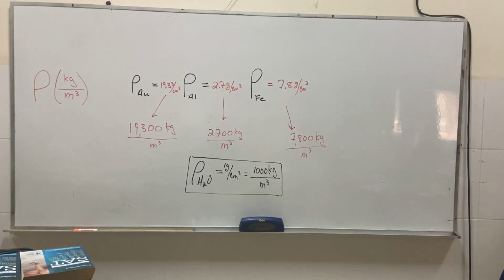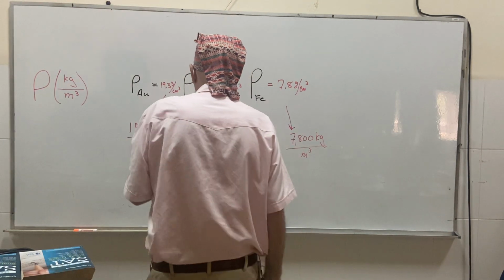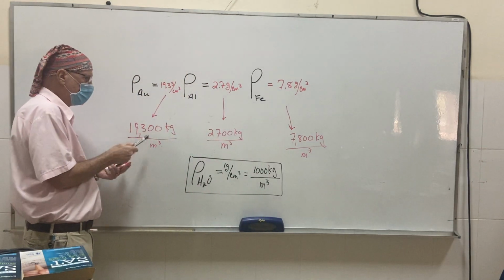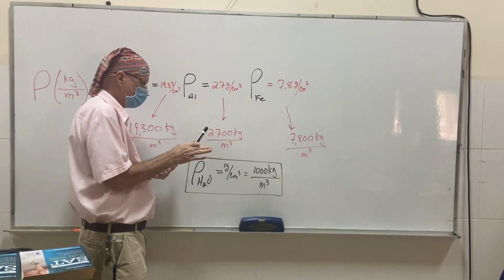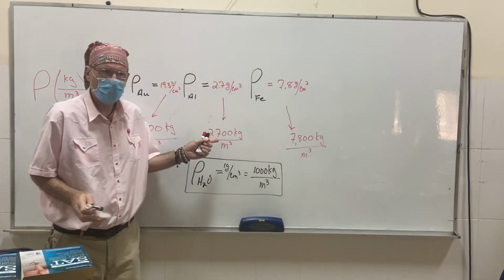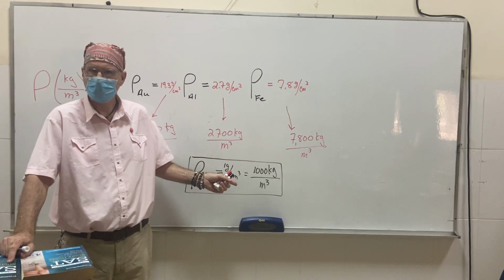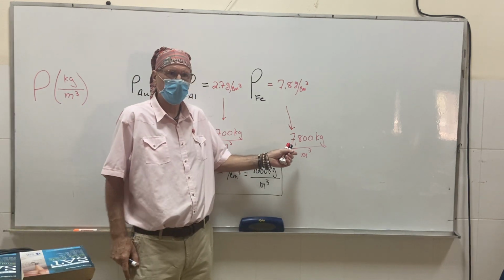Gold is most dense, makes sense. Then aluminum is least dense, makes sense. And look at aluminum. It's only 3 times more dense than water. It's not very dense, really, is it? And then iron's in the middle.